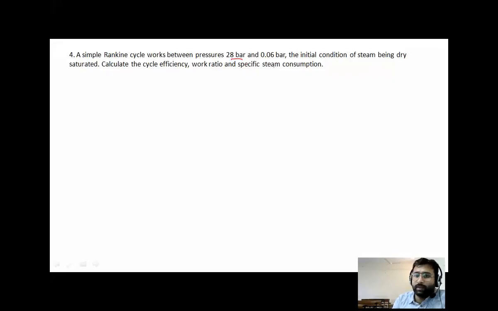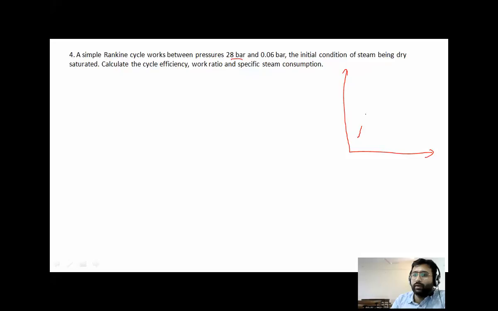So we are at the end of the chapter. 28 bar is the pressure of which component in the power cycle? How many components are there? So does anybody remember?